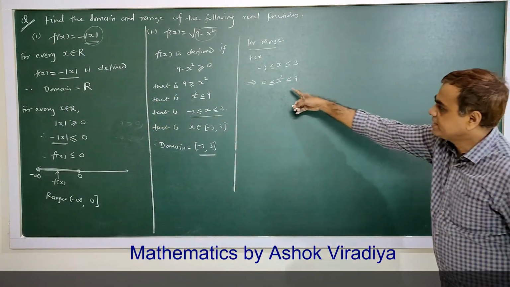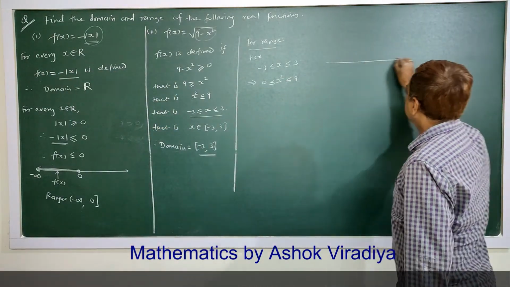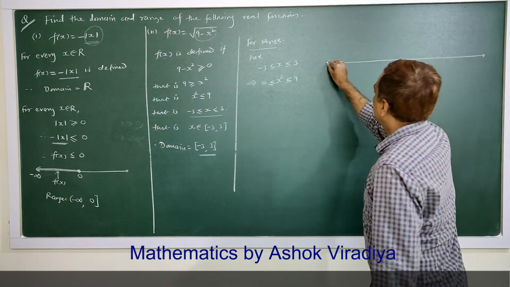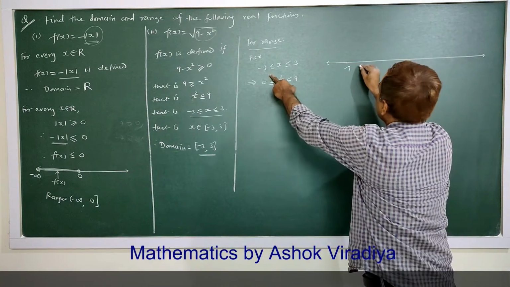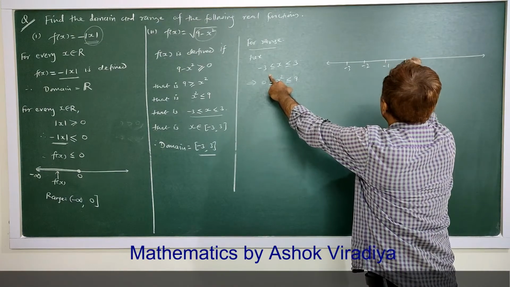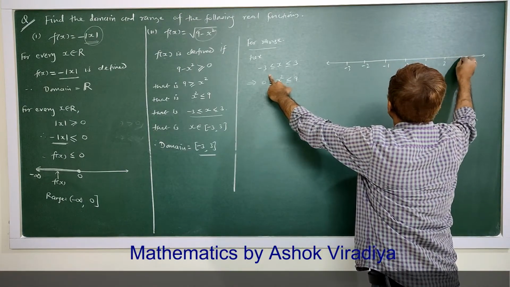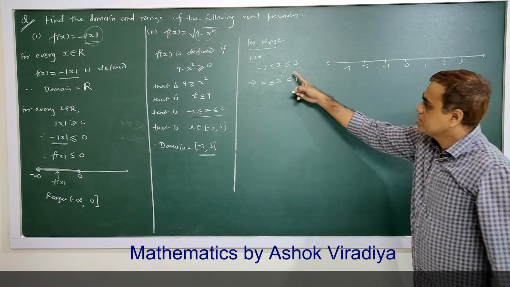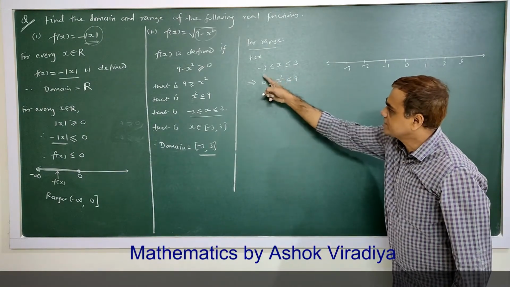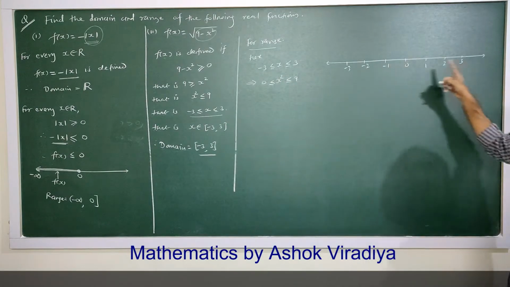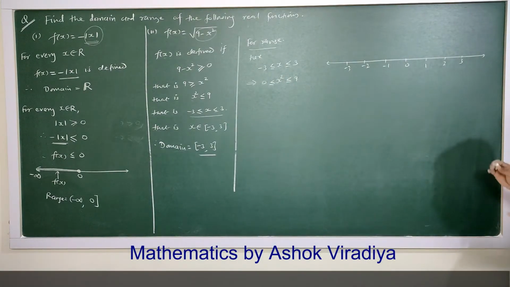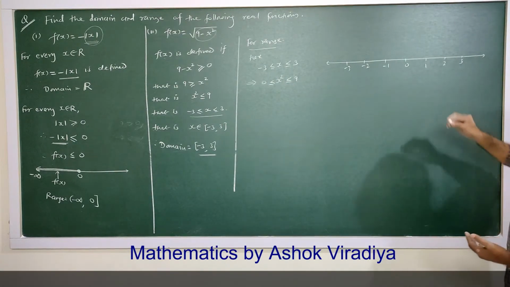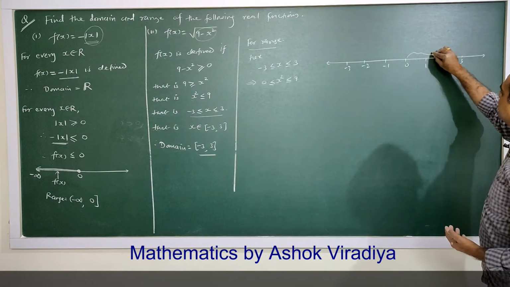Now see, explaining this step, here on this line I am representing the domain: minus 3, minus 2, minus 1, 0, 1, 2, 3. Now if we take the square of all these numbers which are between minus 3 and 3, then what happens? First of all I am taking the square of these numbers.